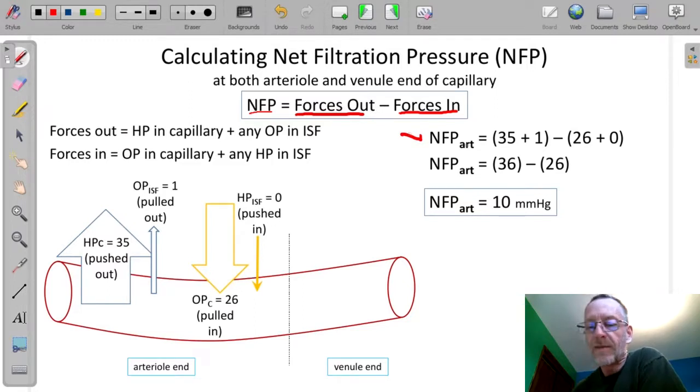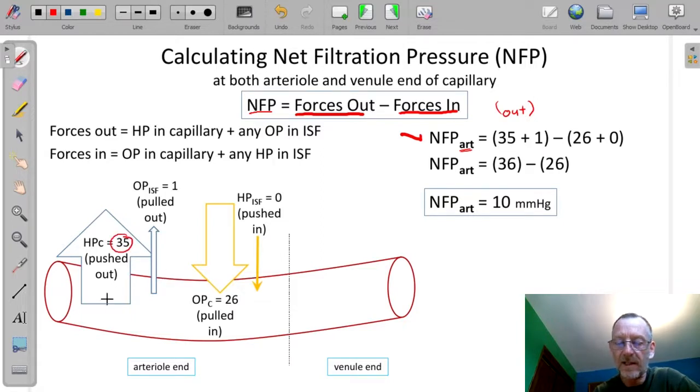The net filtration pressure, remember we're doing this at the arterial end right now. So there's 35 plus 1. These are the forces out. Make sure you know where these are coming from. The 35 is our hydrostatic pressure in the capillary pushing blood out. And the 1 comes from a little bit of osmotic pull.